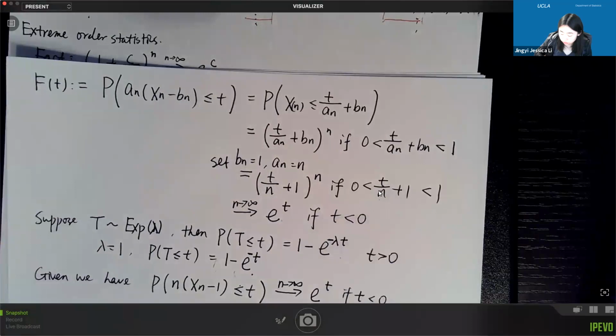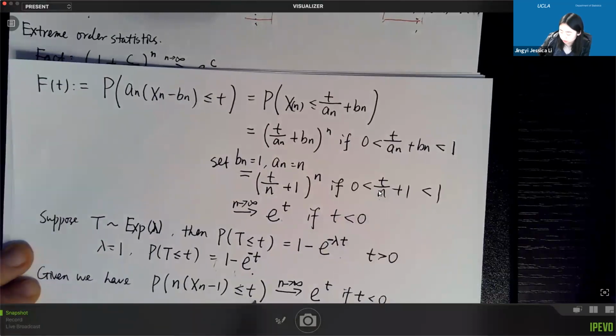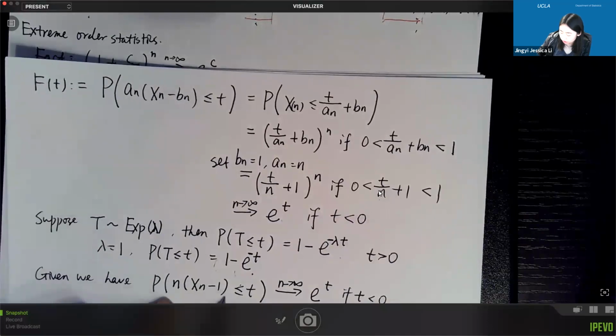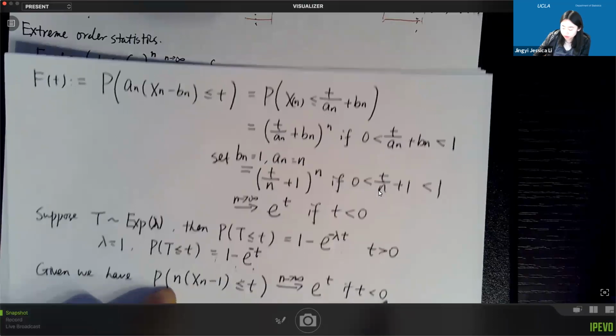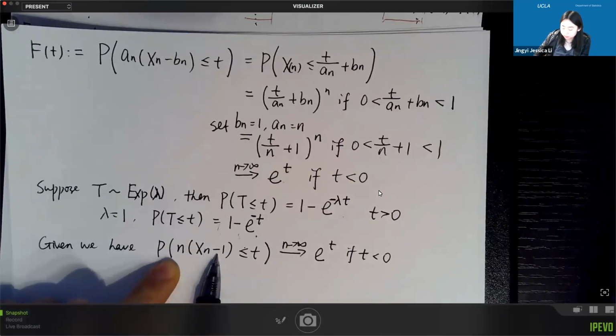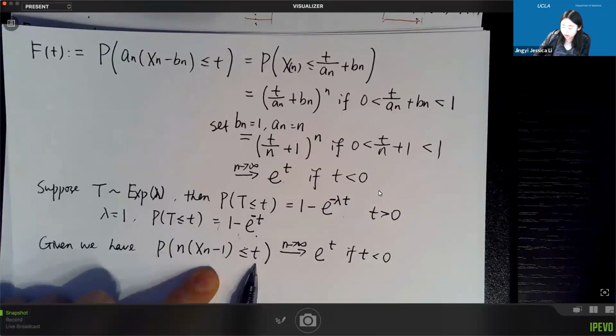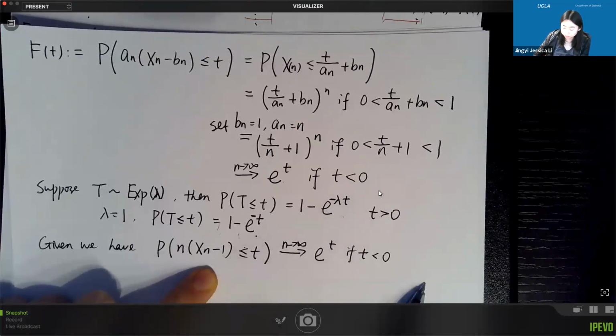The domain of this distribution is defined on the negative part of my real line. Now I can multiply this by -1 to reverse the sign. Now I come to the positive part.